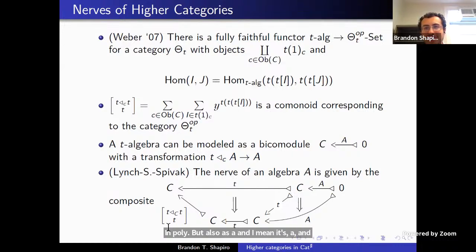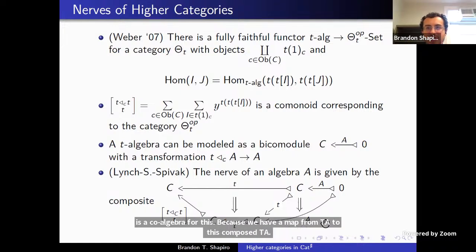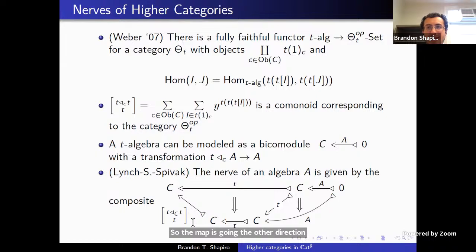And there's an abstract nonsense argument that I didn't have time to get to here that says that if you have a coalgebra for this, so just like an algebra is a map from T composed with A to A, TA is a coalgebra for this because we have a map from TA to this composed with TA. So the map is going the other direction, and this is a comonad. If you have that, then TA as a polynomial rather than a bicomodule forms a bicomodule from 0 to this, regarded as a category.